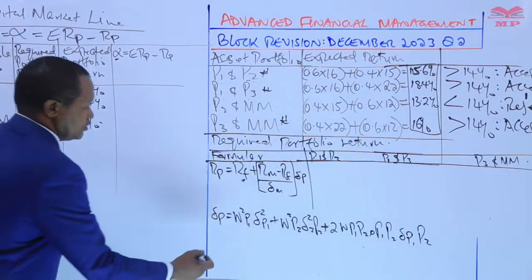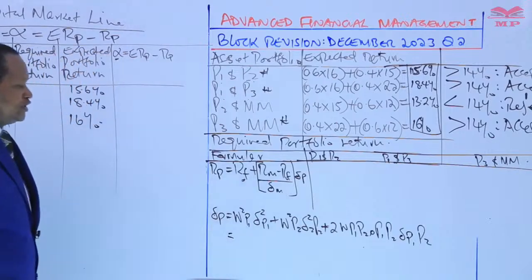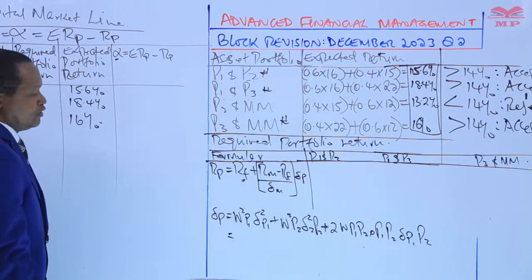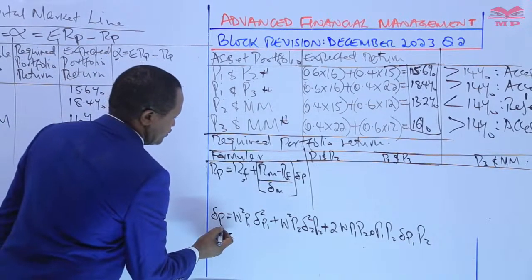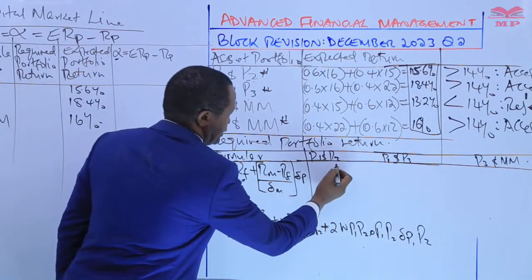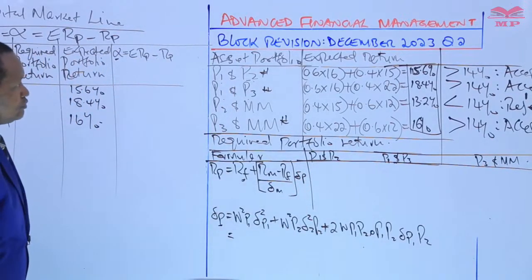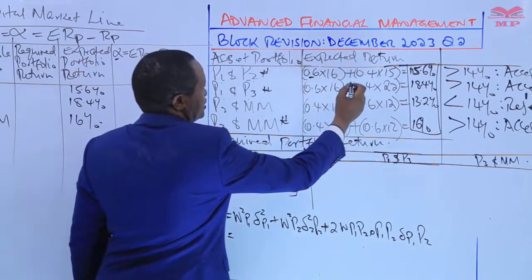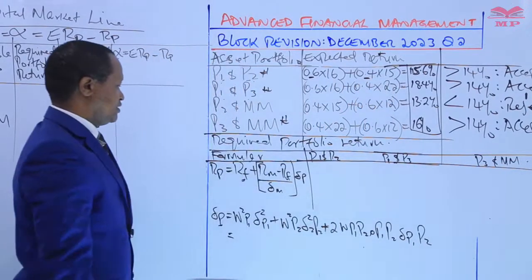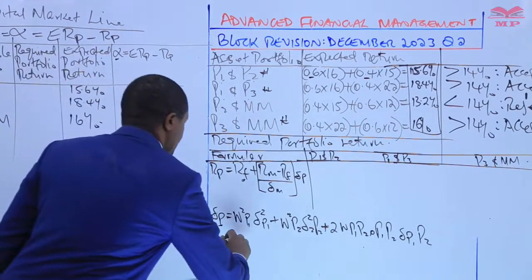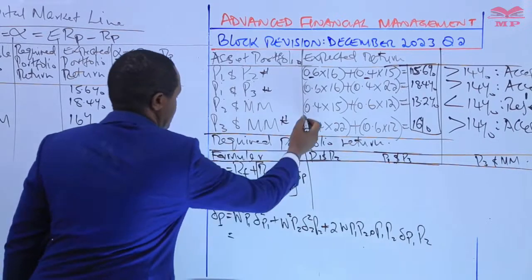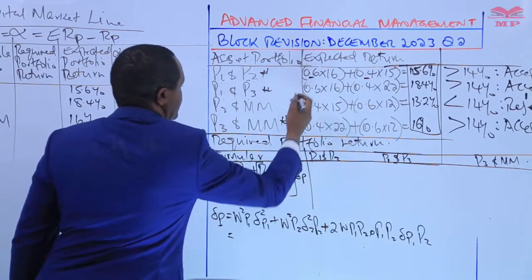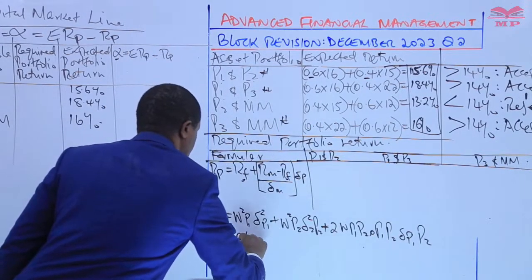So that's the formula for the standard deviation of the portfolio of P1 and P2. We have the weights. We had already determined the weights. So we square the weight. P1 weight is 0.6, square it.